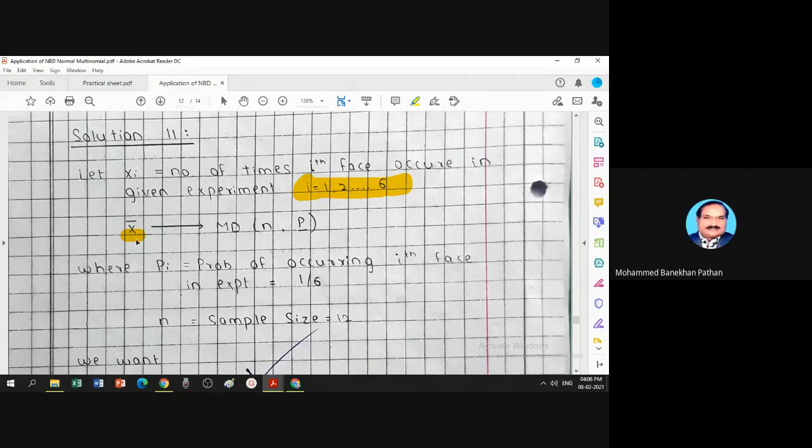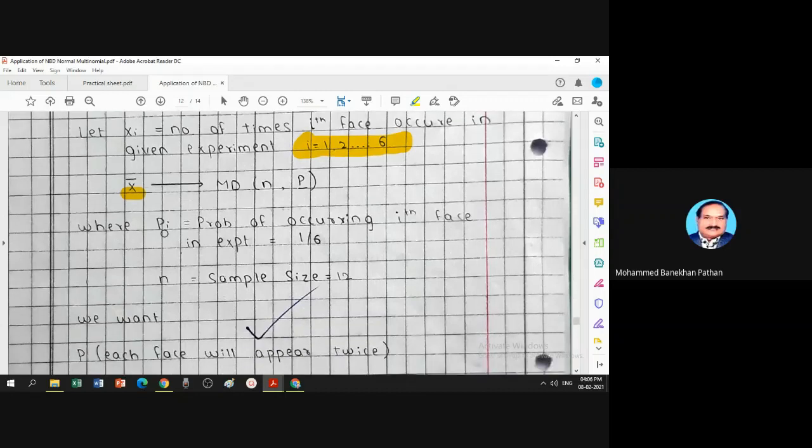Now when I say X vector, for this experiment, how many possible outcomes? That is 6. So X vector, that means x1, x2, x3 ... x6, follows multinomial distribution with n comma p vector. So there will be p1, p2, p3, p4, p5, p6. What is pi?